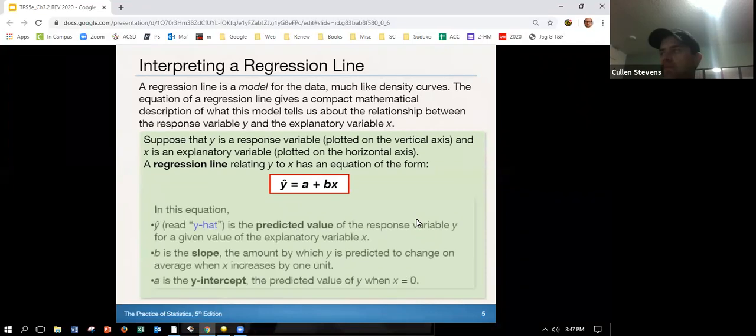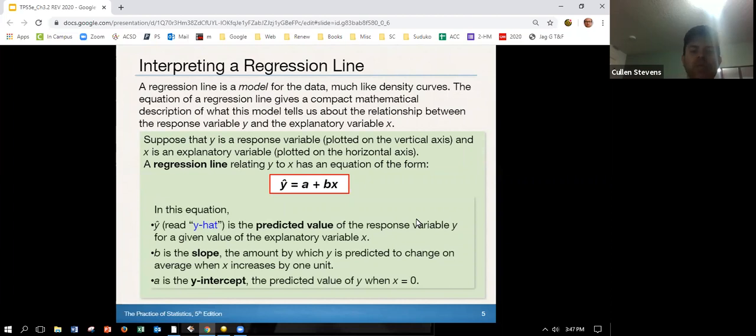Now, what do those other variables mean? Well, y hat is the predicted value of the response variable y for any given value of the explanatory variable x. Explanatory x, to help remind us there. b is the slope. We've seen that before. It's the coefficient right in front of the x.